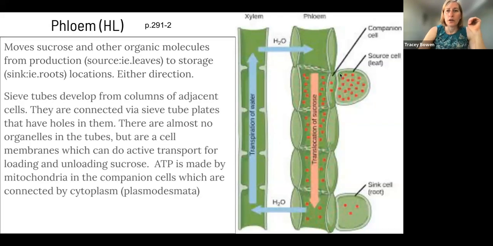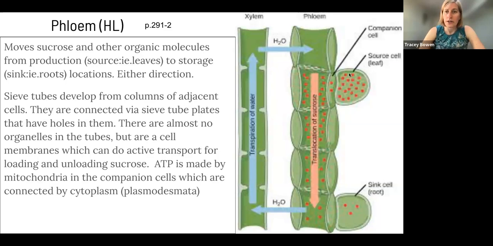So the way that phloem tubes develop here are that sieve tubes develop from columns of adjacent cells, and they're connected via these sieve tube plates that have holes in them. There are almost no organelles in the tubes, but there are cell membranes which can do active transport for loading and unloading sucrose.